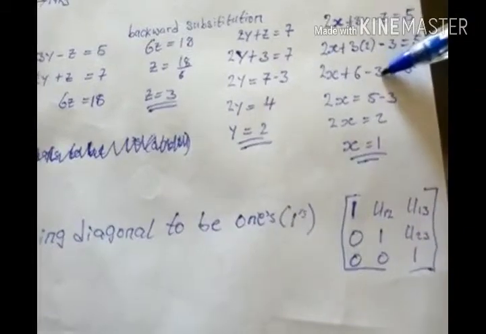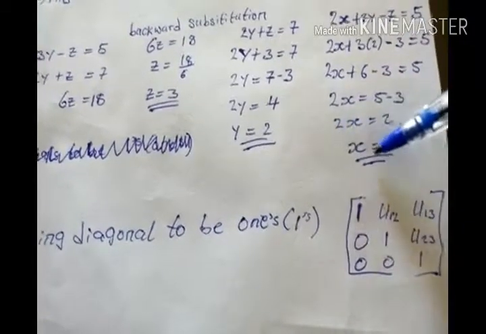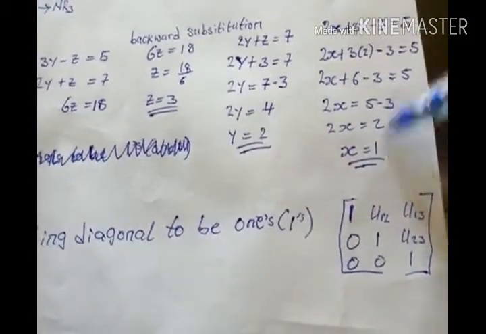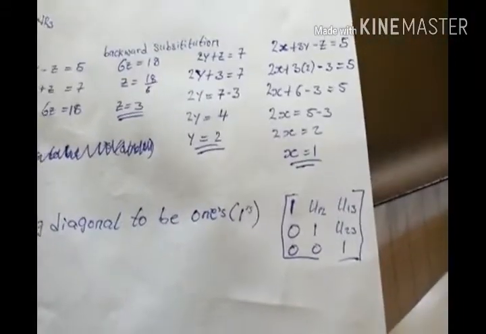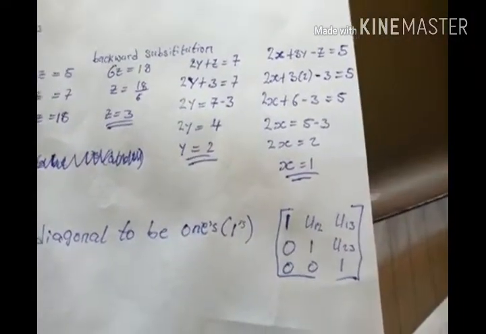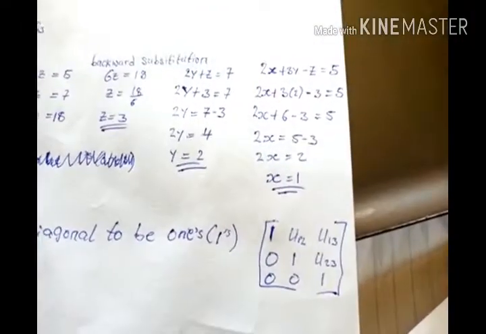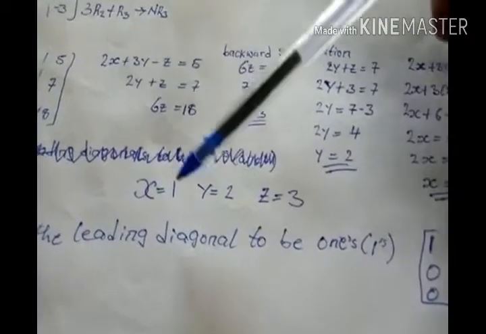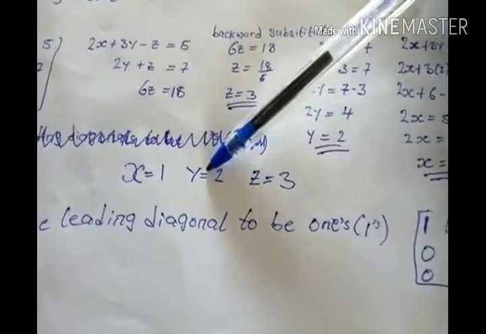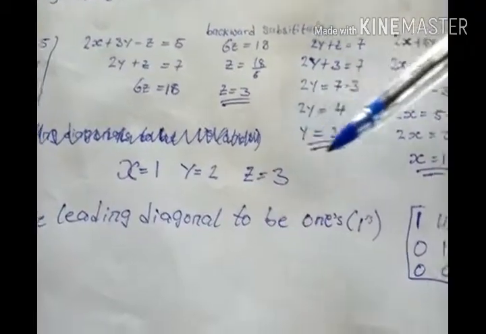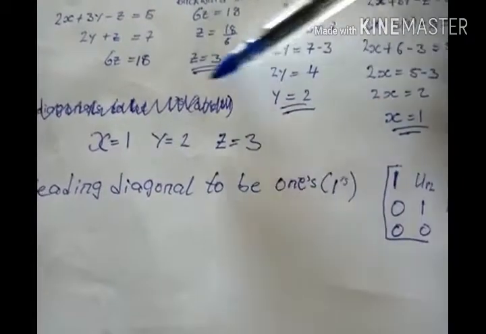If you subtract this, you have 3, you collect like terms, you get the value of your x to be 1. Alright, so automatically we know the value of our x, y, and z. Our value of x is 1, our value of y is 2, and our value of z is 3, as we see from here, here, and here.